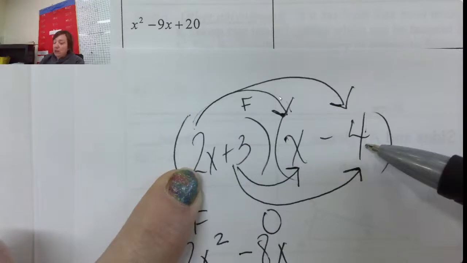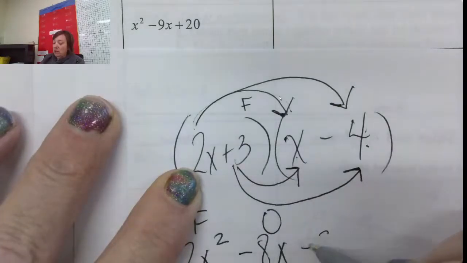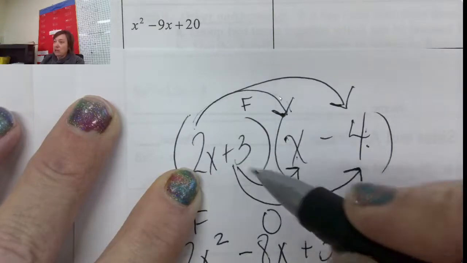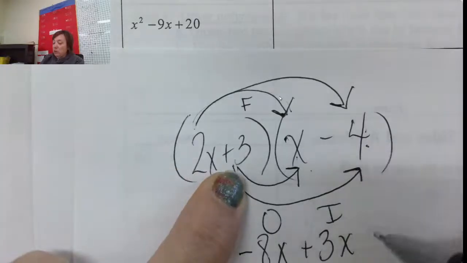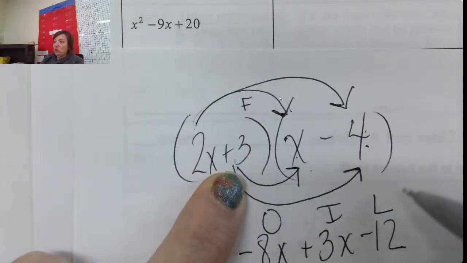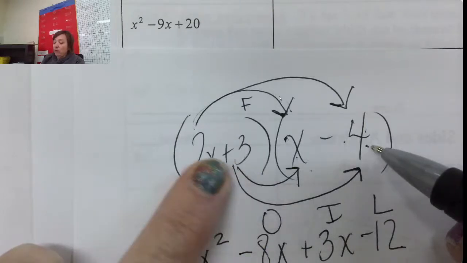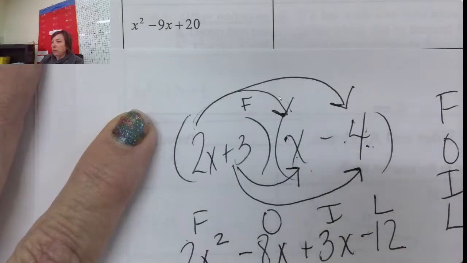And then your 3 times your x, that's your inner because you're multiplying these two that are on the inside. And then 3 times negative 4, negative 12, that's your last because you're multiplying the last term here times the last term there. So first, outer, inner, last, it's called FOIL. That's what it's called. Okay?